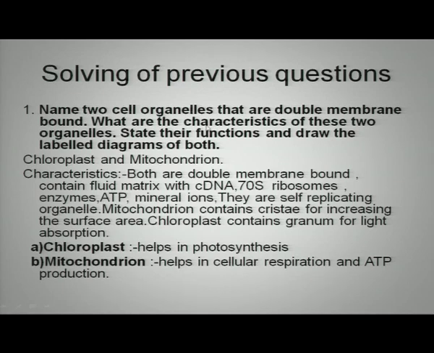What are the characteristics of these 2 organelles? State their functions and draw the labeled diagrams of both. See, different questions are combined together here in one. The first part, name 2 cell organelles that are double membrane bound.